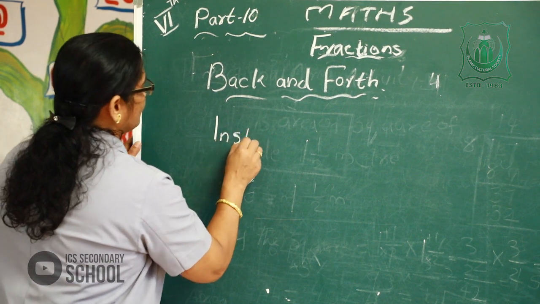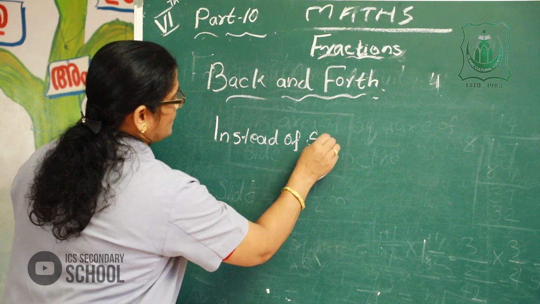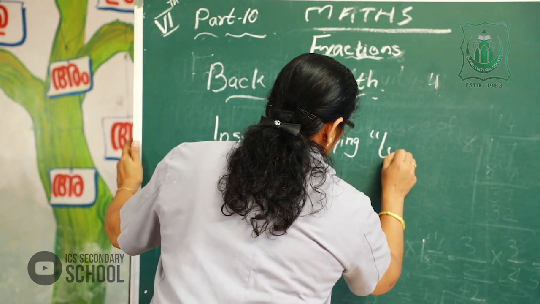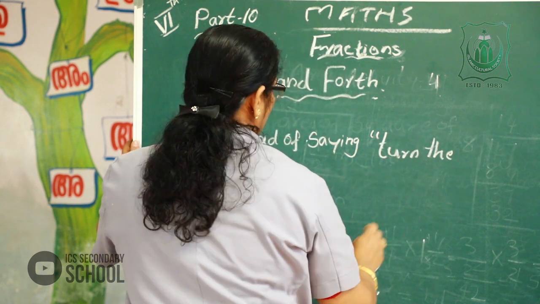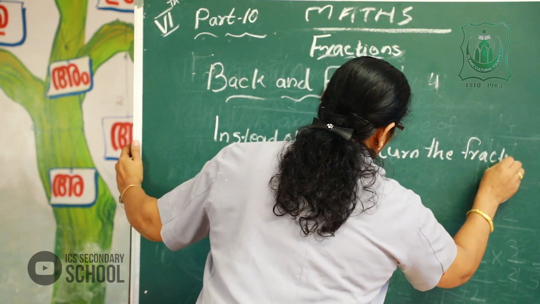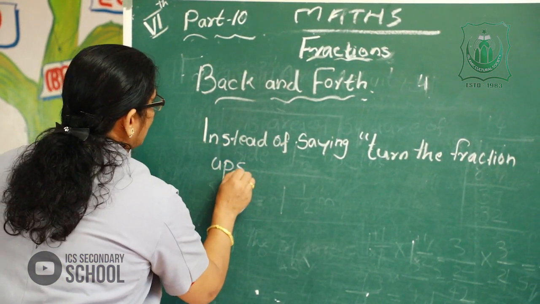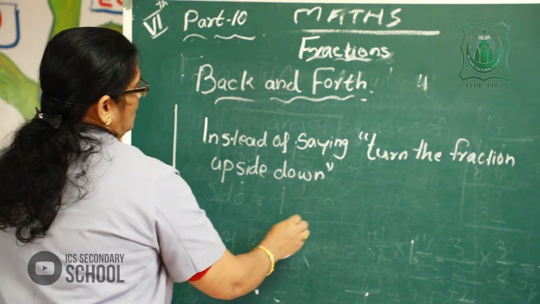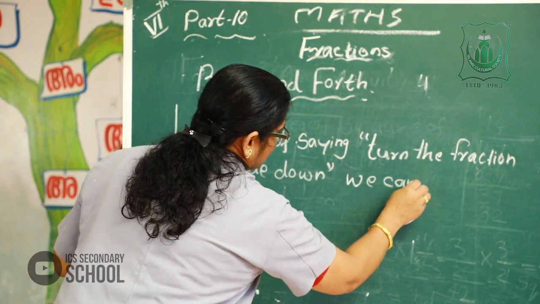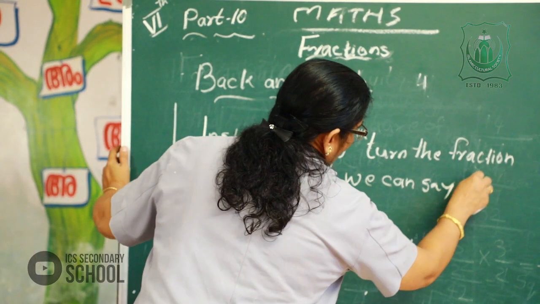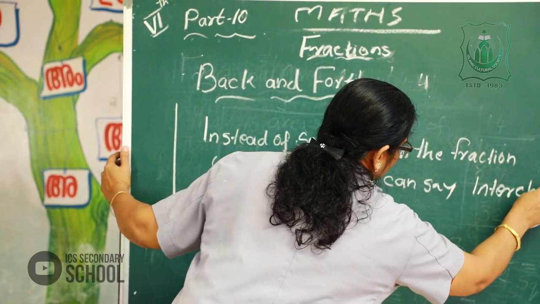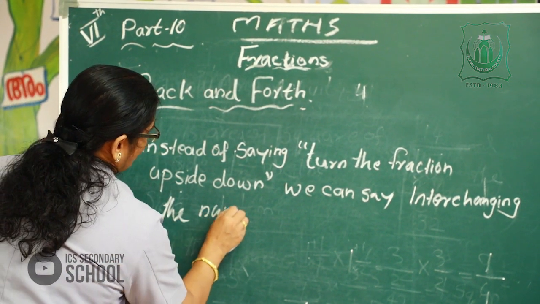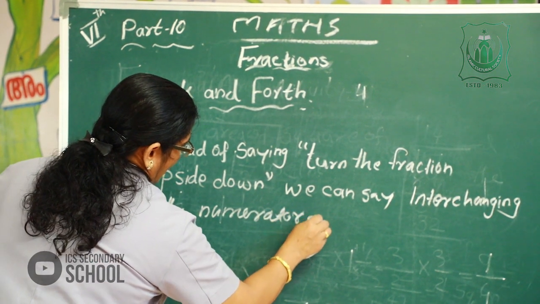Write down: instead of saying turn the fraction upside down, we can say interchanging the numerator and denominator.